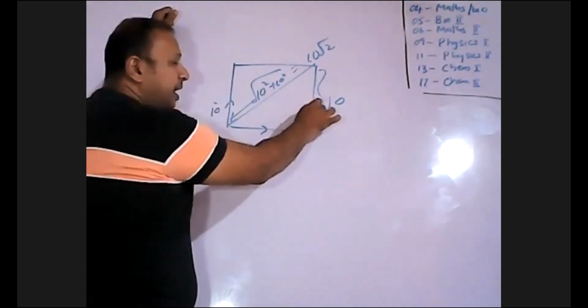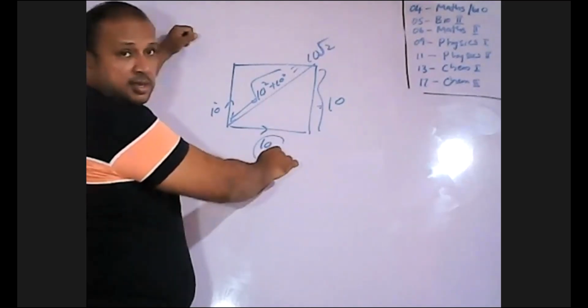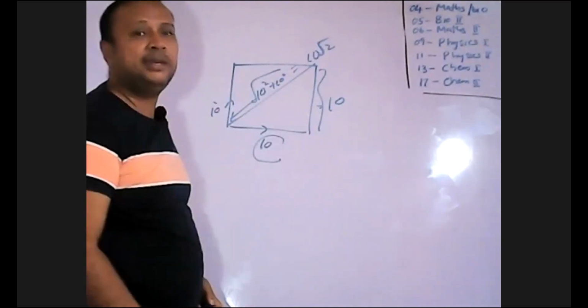So if it is a square, both sides are equal to each other. One side is 10, then the hypotenuse should be 10 times root 2.